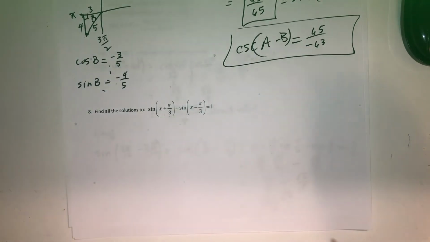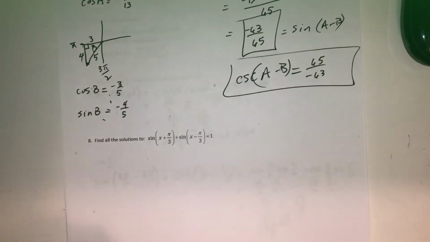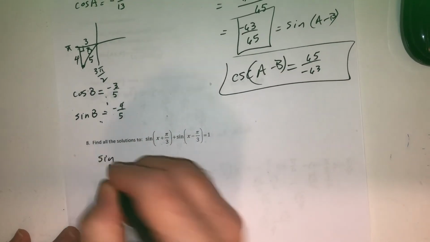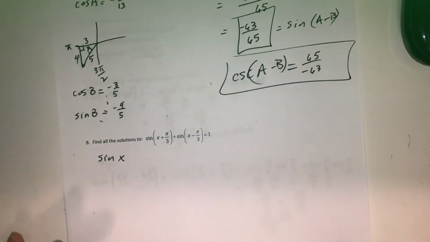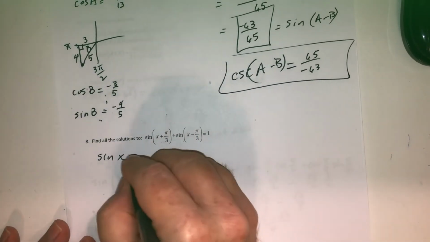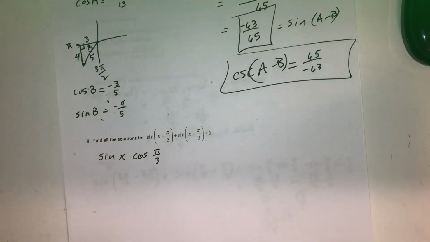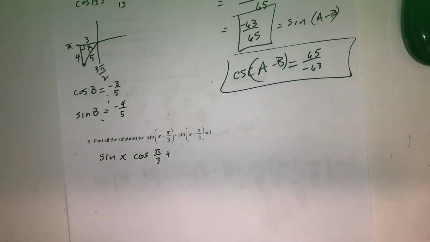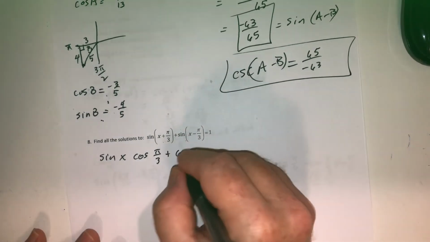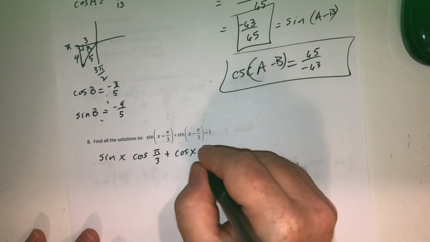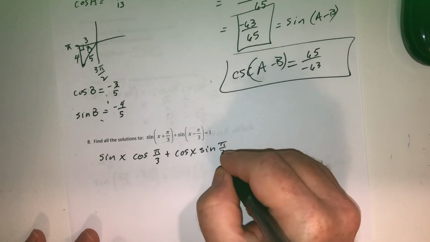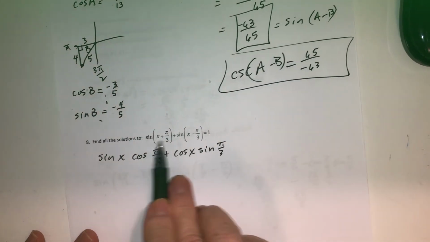Okay, so the sum of alpha and beta, alpha plus beta, is going to be equal to the sine of alpha, which in this case is x, times the cosine of beta, in this case pi over 3, plus the cosine of alpha times the sine of beta. All right, that's all from this first term.